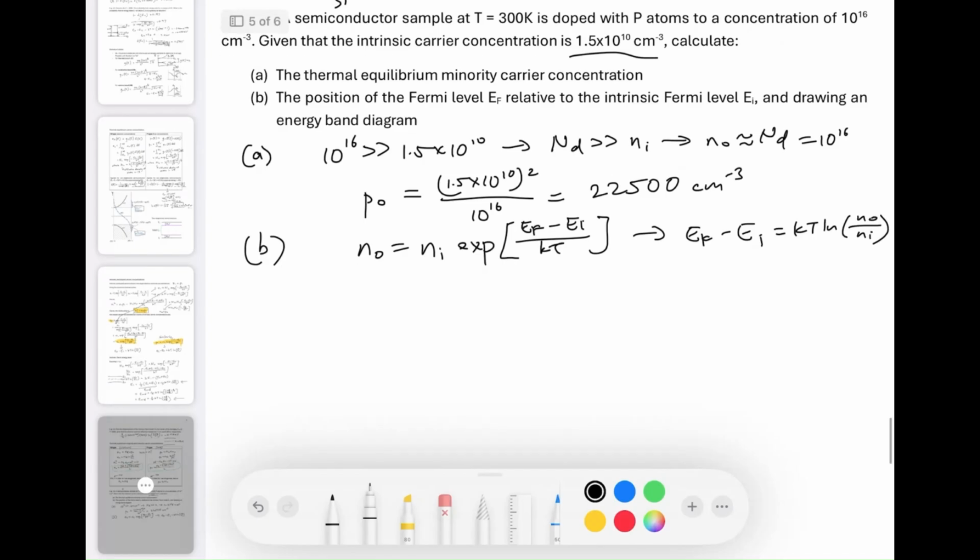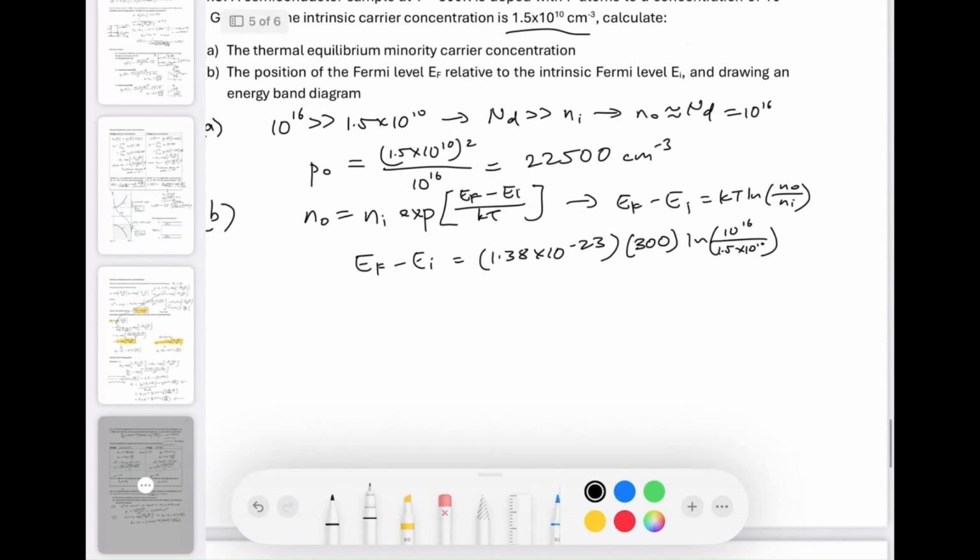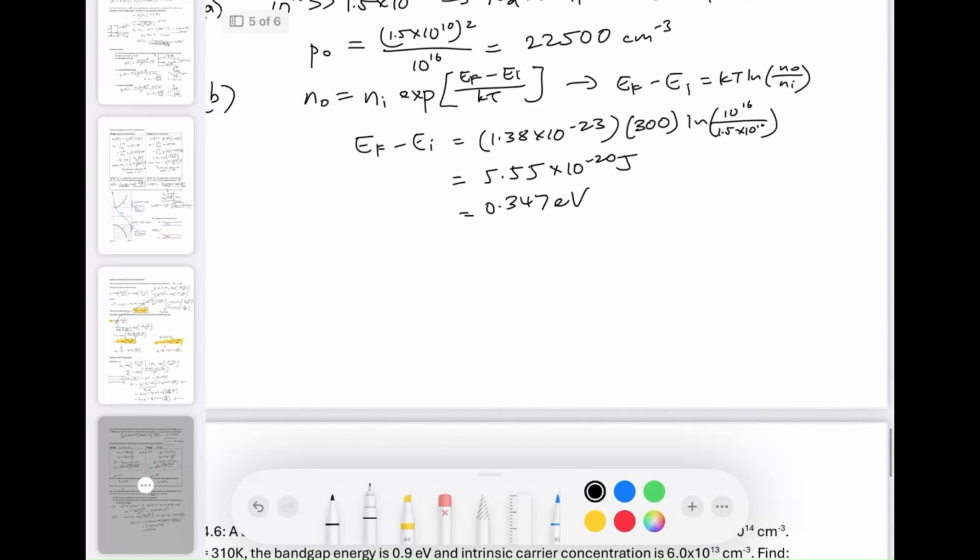Now that we know this, EF minus EI equals 1.38 times 10 to the power of negative 23 times 300 times ln of 10 to the 16 over 1.5 times 10 to the power of 10. And this equals 5.55 times 10 to the power of negative 20 joules, which we convert to electron volts.